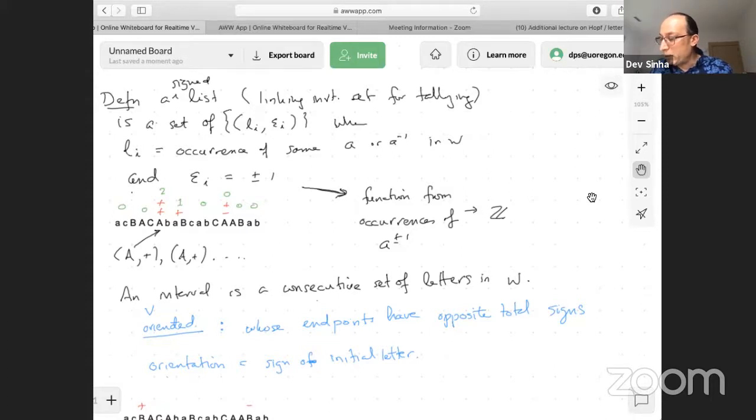So these two occurrences of B inverse have different signs. And so this is an interval. And then the total sign is that of the B plus. Yeah, as Jeff said, the orientation is a total sign. Great. It's good to have Jeff here.